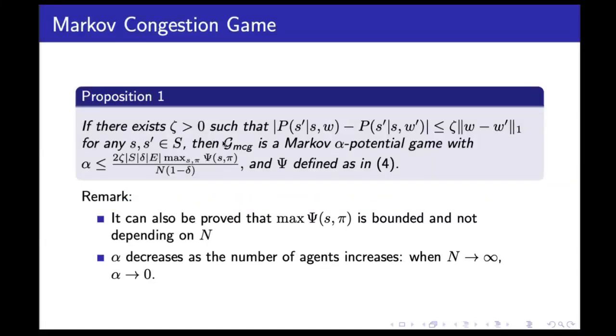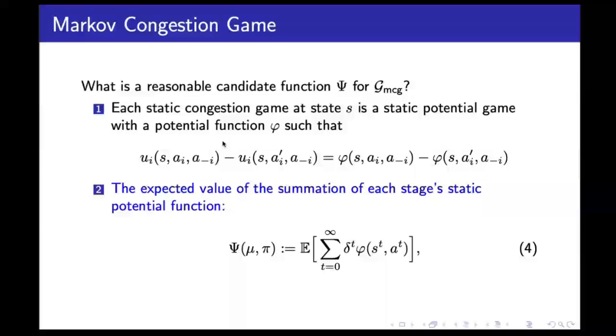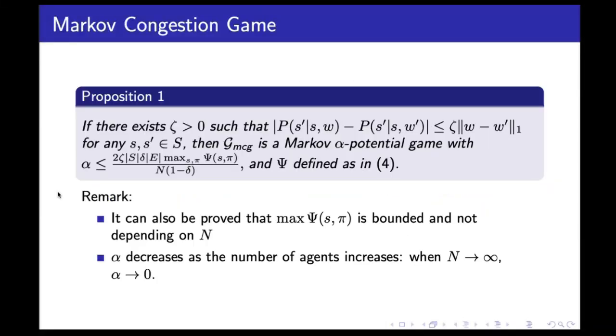Our results show that if we adopt such a candidate for the alpha potential function, we indeed have a bound for alpha. That bound can decrease with respect to the number of players, but can also depend explicitly on other model parameters such as state space size, how many facilities you have, and some discounting factors.